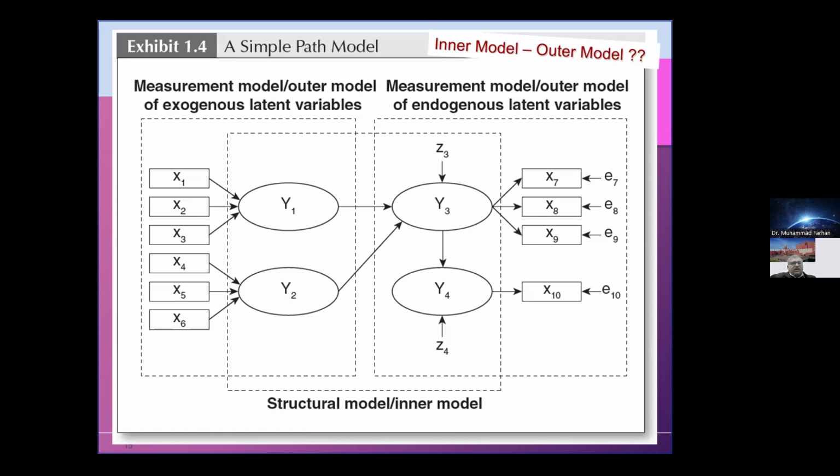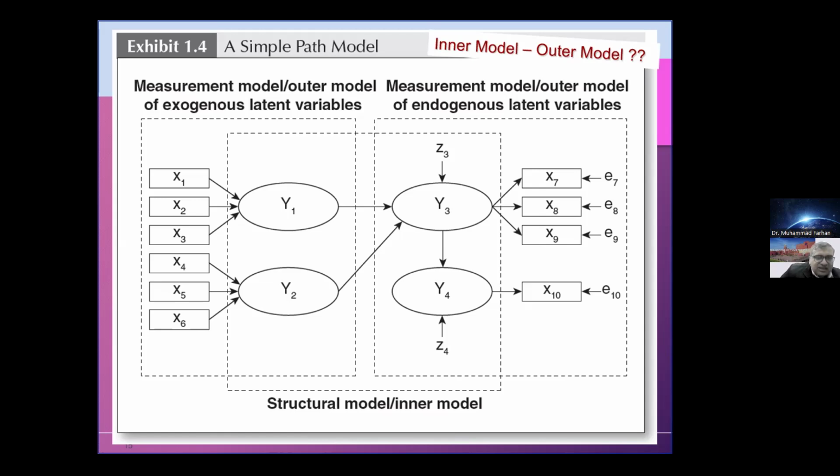shown as y3 and y4, and its own indicators. And there are certain error terms also, but these error terms are there only for covariance-based models that I told you about.